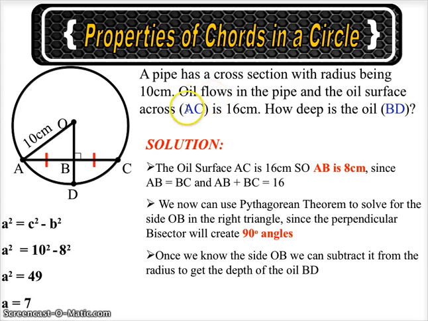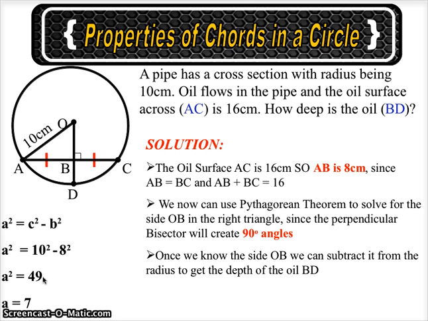AC is 16, therefore AB would have to be 8, and we will square 8 to get 64. 100 minus 64 is 36. Therefore, a squared is equal to 36.